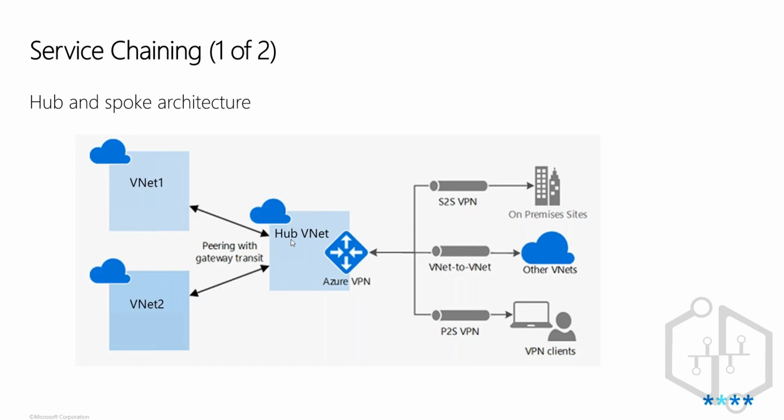And as an architect, you need to understand that all your applications need not be simple and straightforward. Most of your applications will require hybrid connectivity. And this service chaining, hub and spoke architecture will help you build a hybrid environment where you have third-party sites, where you have on-premises environments that you want to connect to, right?